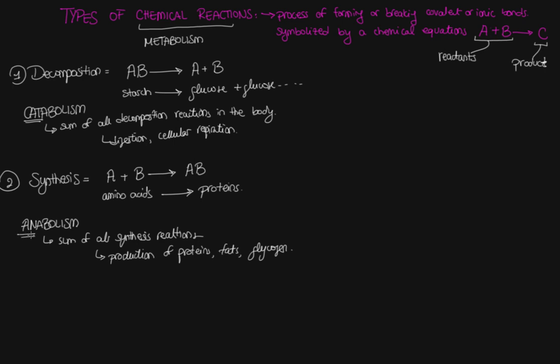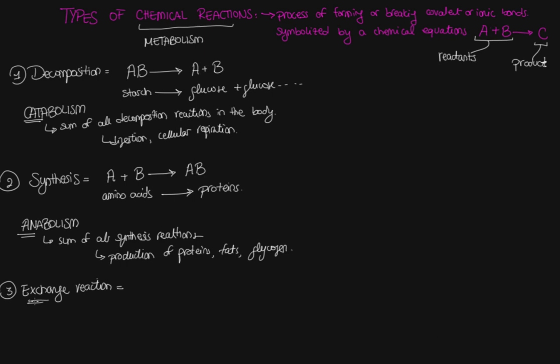That would be anabolism. And then we have the third type of chemical reaction, and that is known as the exchange reaction. So the exchange reaction, just like the name implies, the partners of the reactants are exchanged amongst one another, so bonds are broken and then reformed.